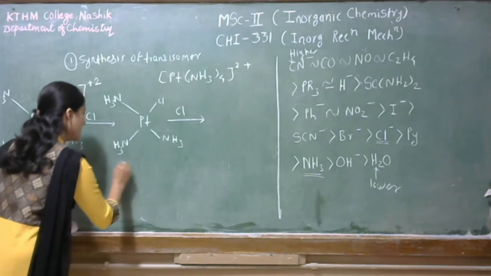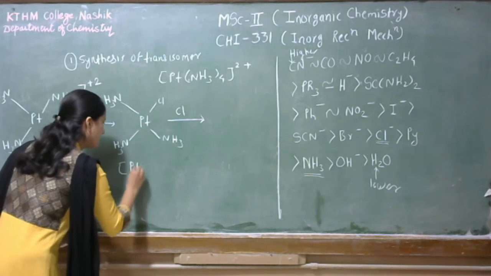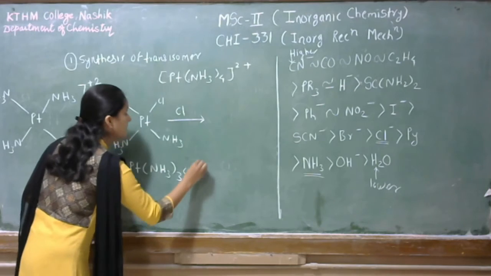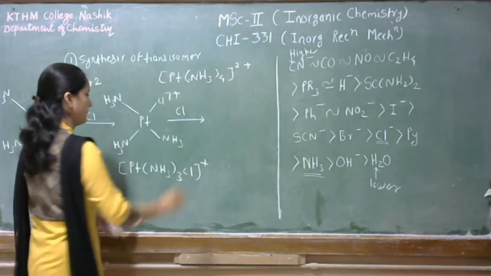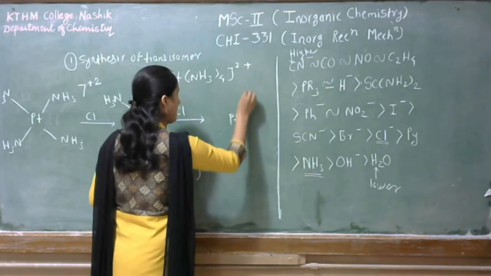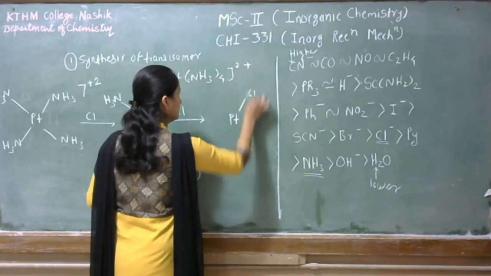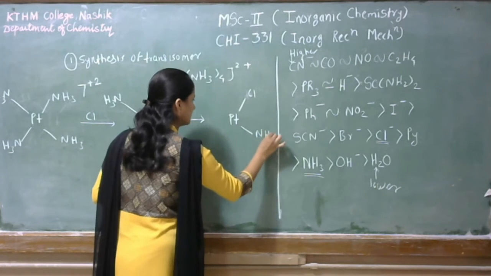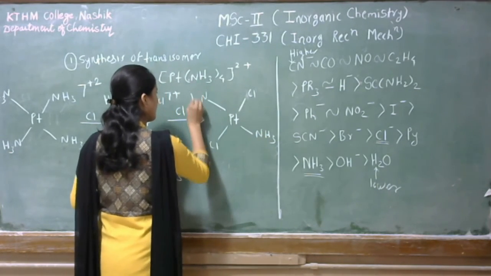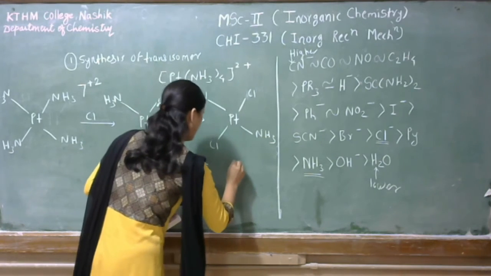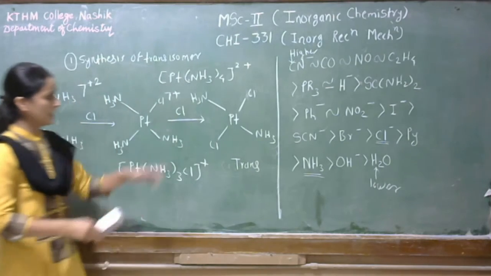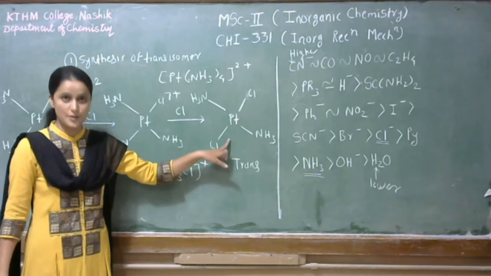When we again treat Cl with Pt(NH3)3Cl plus, we get the trans isomer.